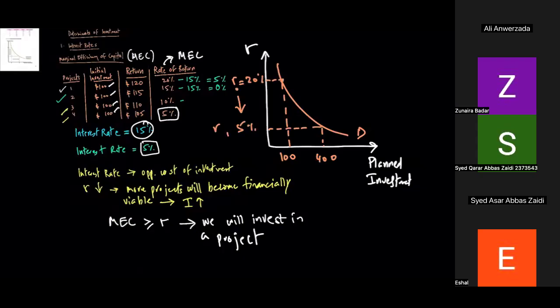So what we're saying is that the lower the interest rates, the higher the investment. That's what we call a movement along the curve, because when the cost of borrowing goes down, you will probably invest in more projects. More projects will become financially viable, and that's why investment goes up. Do we get this idea, guys? Do we get the concept before we move on to the other factors?